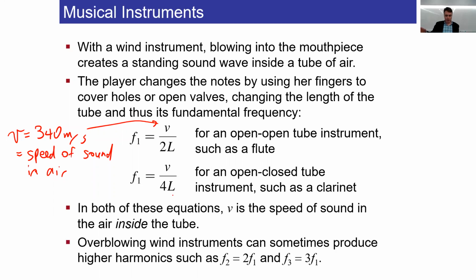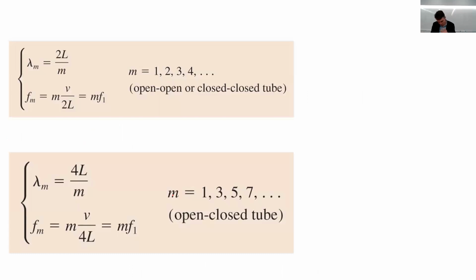You can also overblow wind instruments. You can sometimes get higher harmonics. Let me just draw it, I guess. What I'm trying to draw here is the frequencies for an open tube, which we drew a little bit last time.